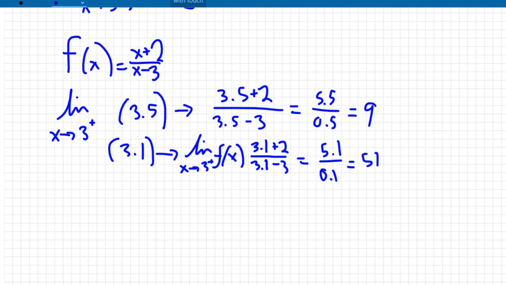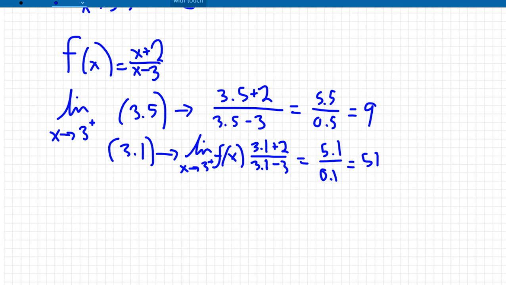It's kind of strange. You'd think how it goes from, when we evaluate at 3.5, it goes up to 9. When we evaluate at a lower number, it evaluates higher. That's actually because as we get closer and closer to 3 from the positive side, we're making the denominator smaller and smaller.